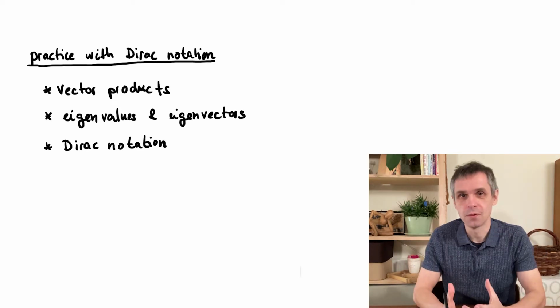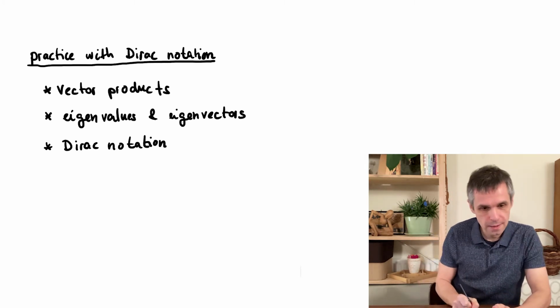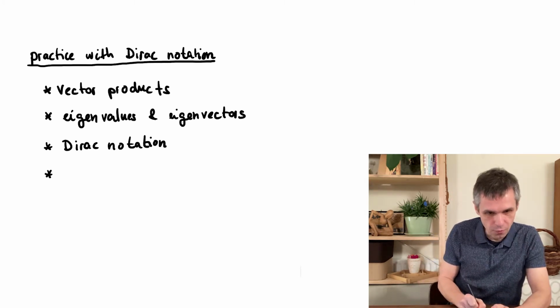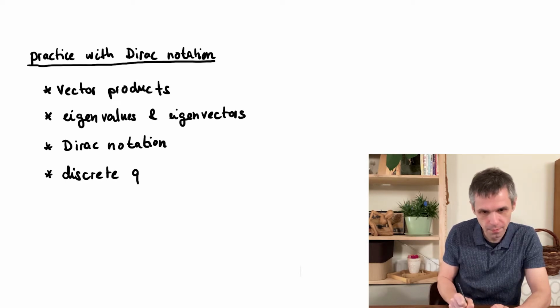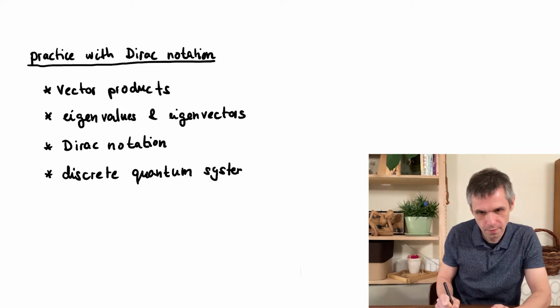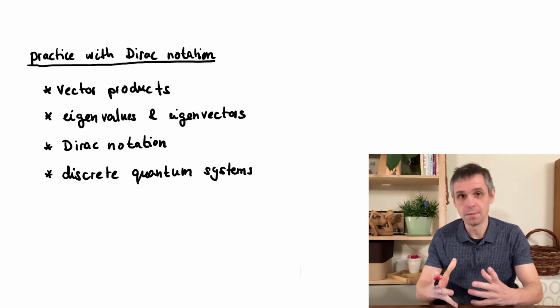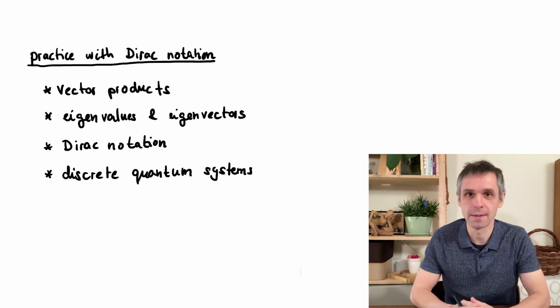So this is still focused on the mathematics of this, but then I will translate this into a physical context by considering discrete quantum systems. So these are really the most simplest quantum systems one can think of.